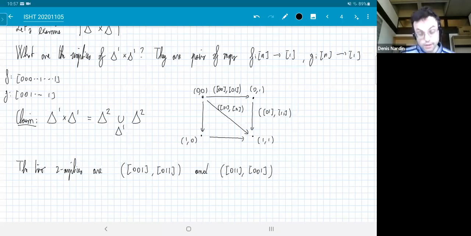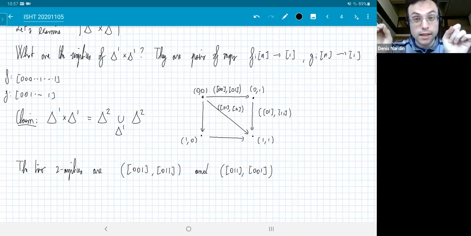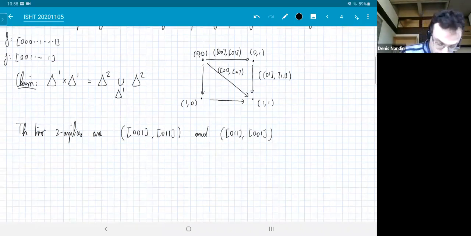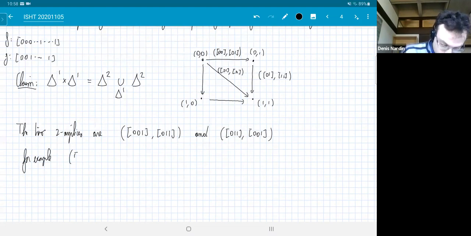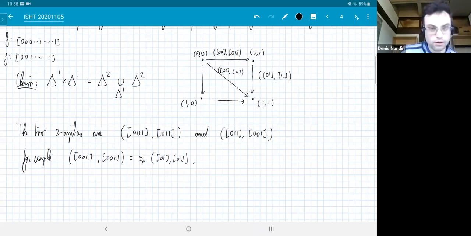And you can see that they're not degenerate because the degeneracy is just doubling the same object twice, and you cannot obtain these from any lower-dimensional guy. For example, 0, 0, 1, comma 0, 0, 1 is just the zeroth degeneracy of 0, 1, comma 0, 1. So I'm not going to draw it because it's the degeneracy.